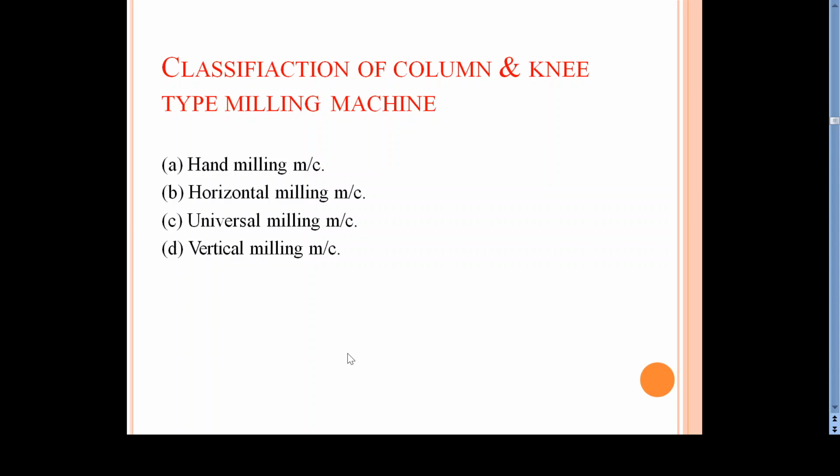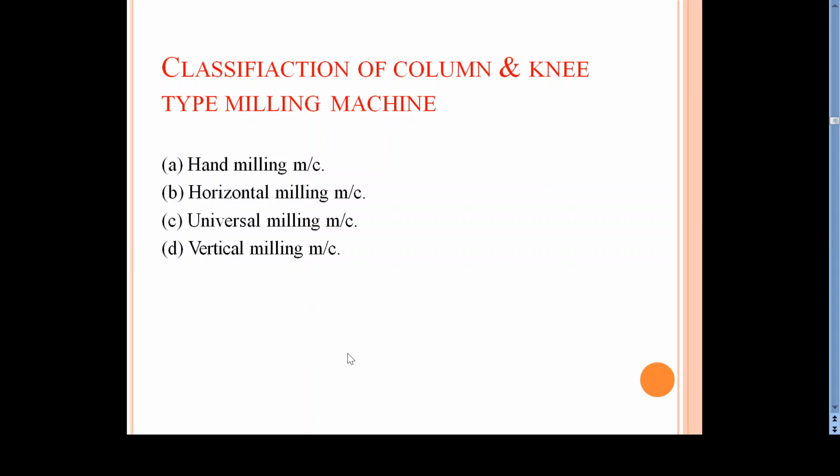The classification of the column and knee type. There are subdivisions. The different types of column and knee type machines are the hand milling machine, which is a manual machine. It's a very small one and is not normally used for metal cutting. Then the horizontal milling machine, the universal milling machine, and the vertical milling machine.